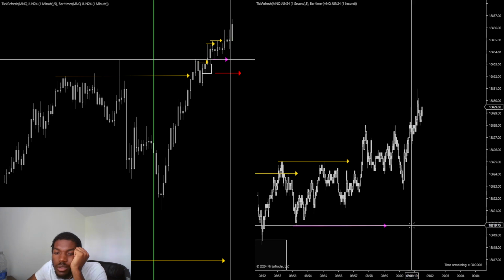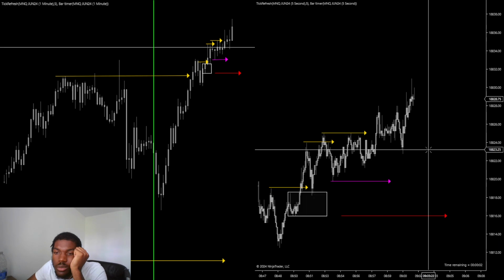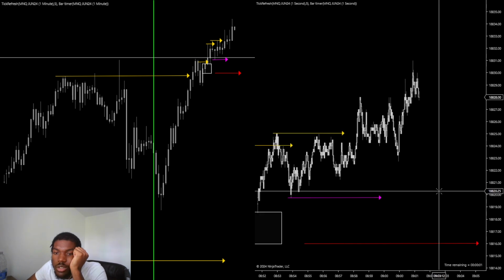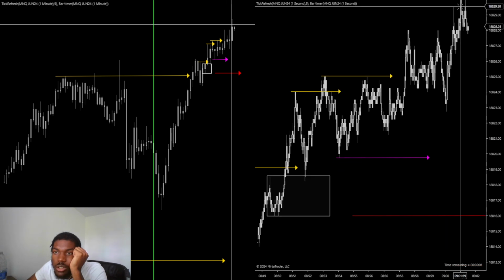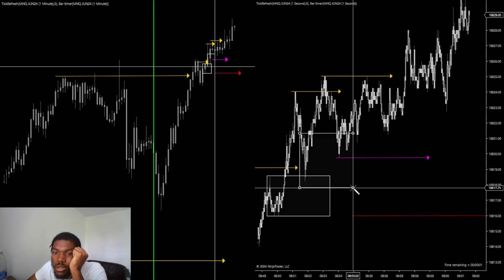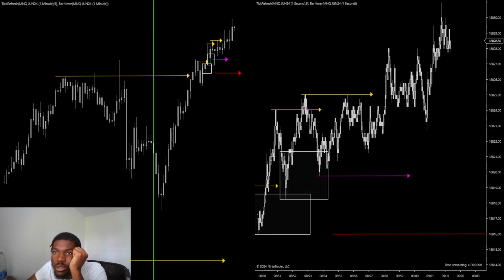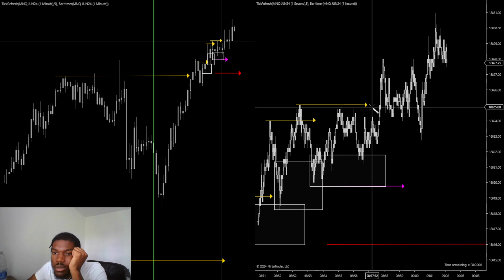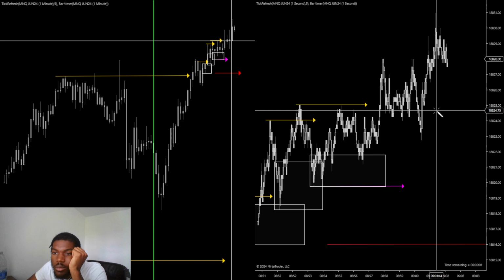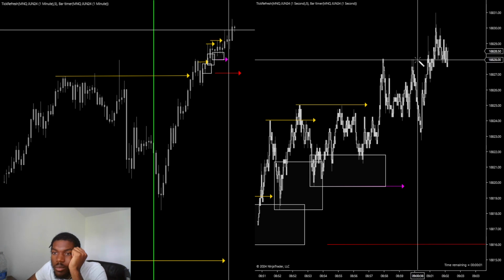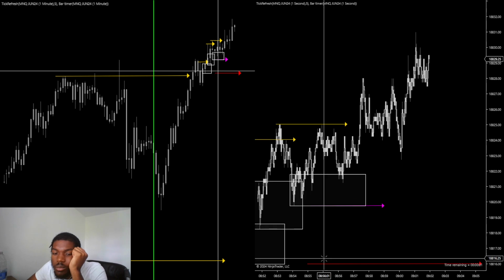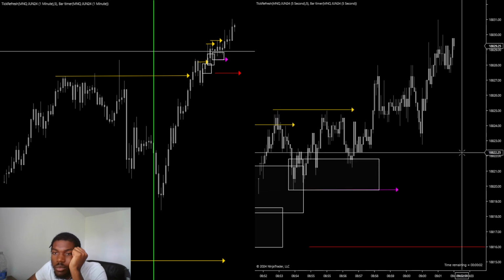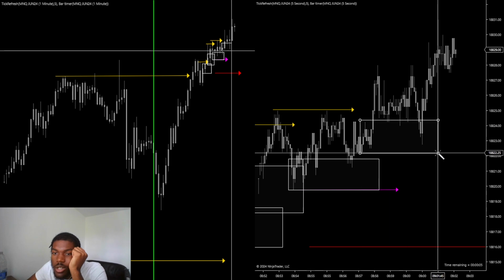It's also good because on the 1 second you're able to see this is the last down candle. This is the last down candle. This is the last pullback.